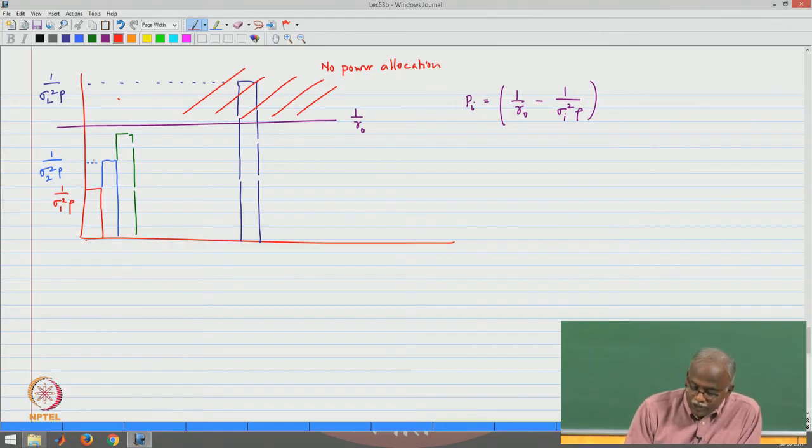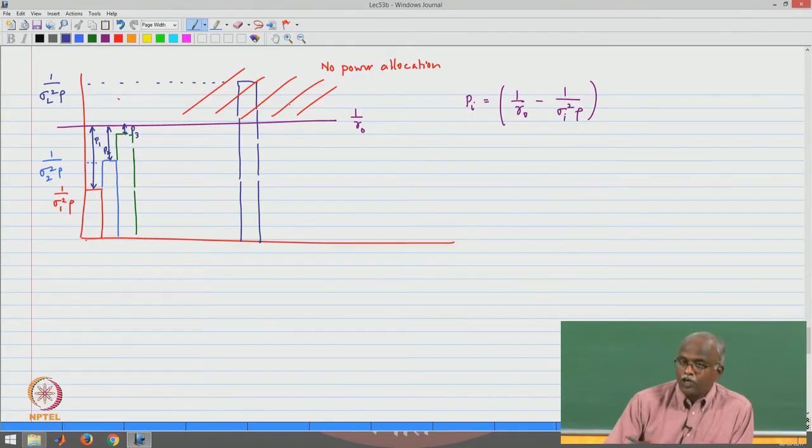Now, those channels which are below the threshold will get power, and the power allocation will be proportional to the difference from this. If you remember the water filling approach that we have taken, we can do the same thing now. Think of the height from the water level, which corresponds to P1, and likewise for the second channel this becomes P2, then P3 and so on.